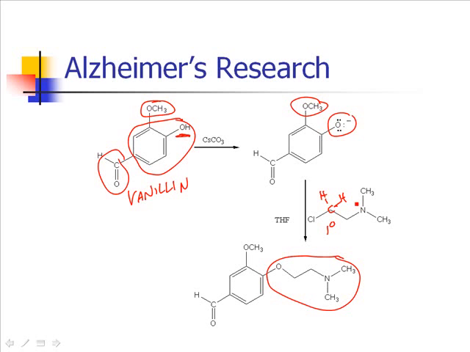In running this reaction, we find low to moderate yields of the ether product, where we've now made a carbon-oxygen-carbon bond from what was once a phenol. So this is used in the synthesis of Curie-like derivatives in my research group.